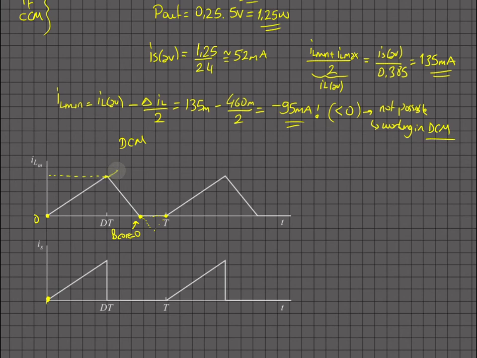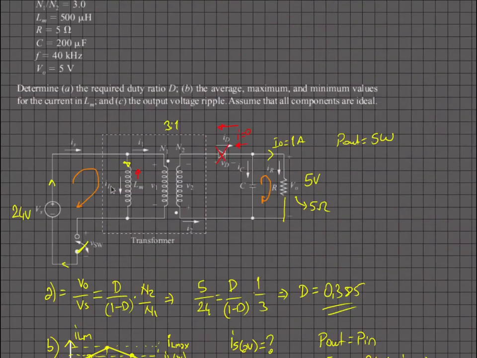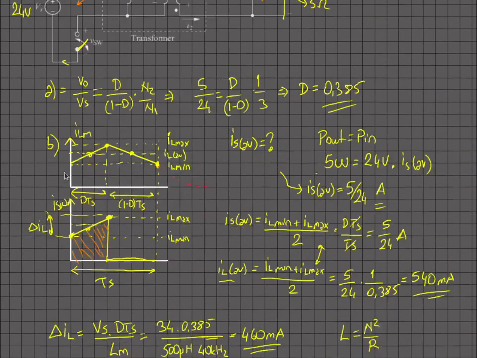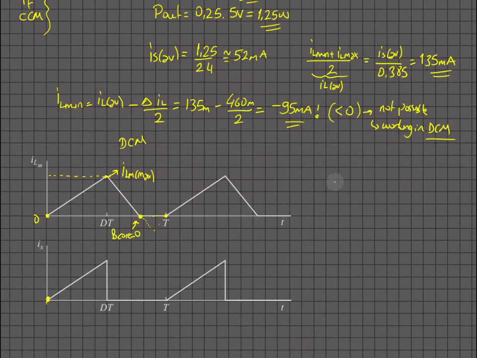This is ILM max, and of course that is 0, and while the switch is on, the inductance is charged with Vs, so I can write ILM max is equal to Vs times D times Ts divided by Lm. It is the same value, and let's write it here. In discontinuous conduction mode, ILM minimum is equal to 0, right?